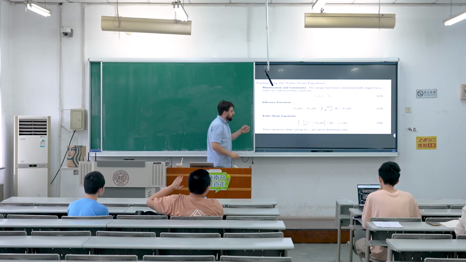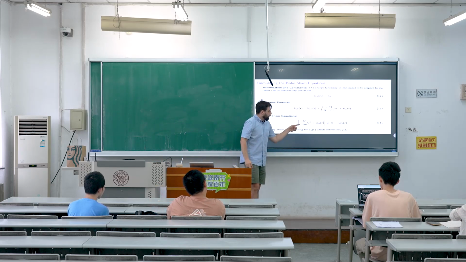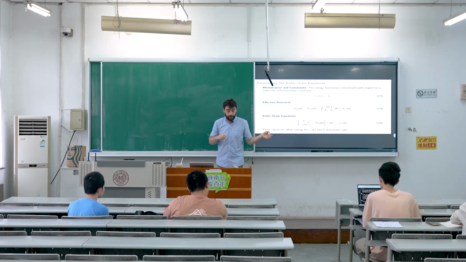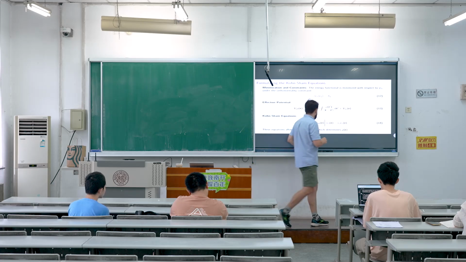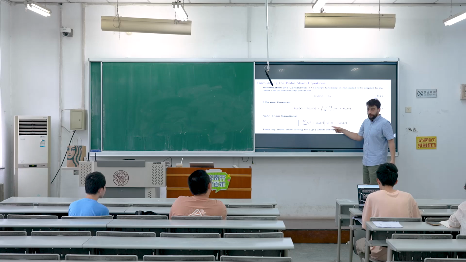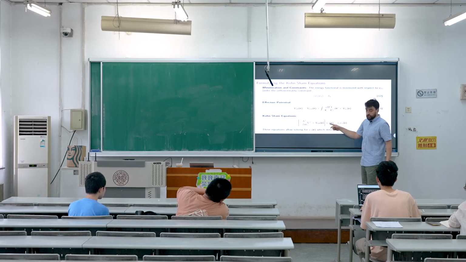Right. So at this point, what we have is a set of coupled equations, which looks awfully similar to the Schrödinger equation. The only difference between this, or at least the only difference that you can read on the board, is the fact that we have a state index compared with the Schrödinger equation.